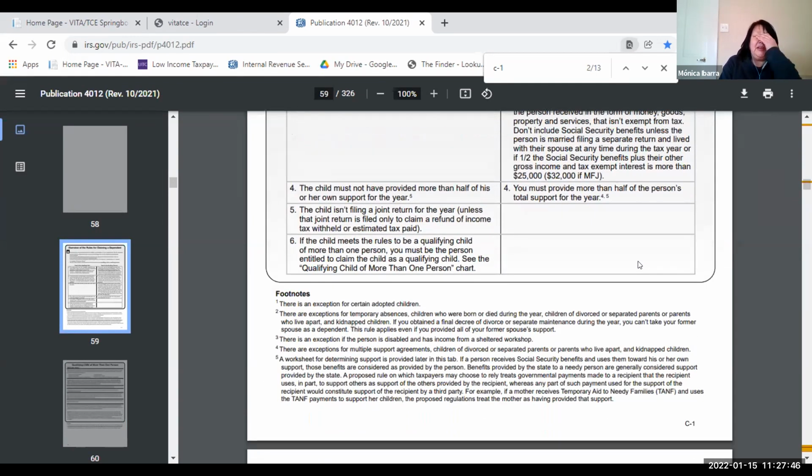We do have somebody who comes in every year. She has an agreement with her ex-spouse, and they share. One person claims the earned income credit, and they split things up. And I give that to an experienced volunteer who can do that.